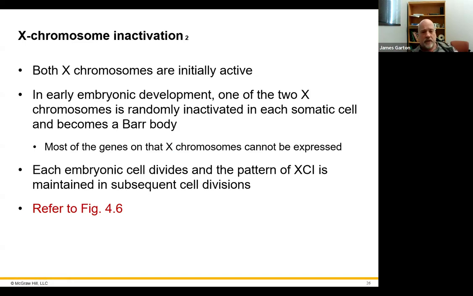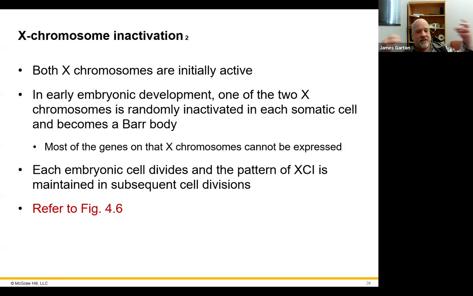As the cells go through mitosis and eventually yield the adult somatic cell number, the same X chromosome that was inactivated that first time will uncompact itself, copy itself, and go into the daughter cells.